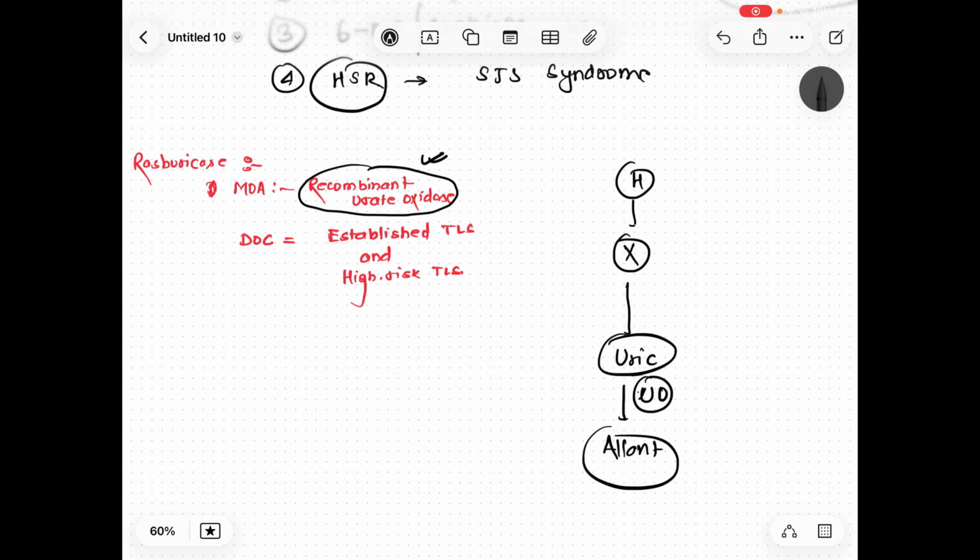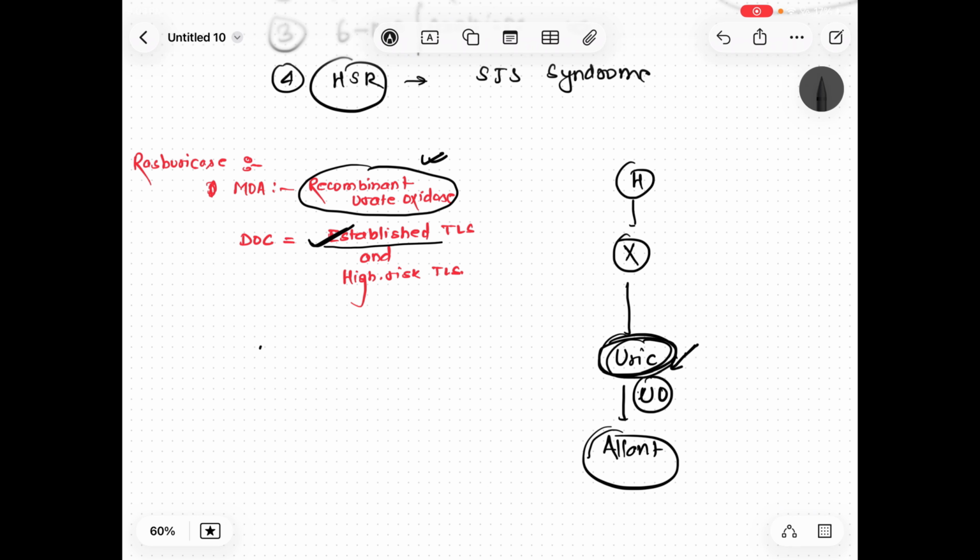So rasburicase is recombinant urate oxidase. It degrades the uric acid in the blood rather than preventing the synthesis.